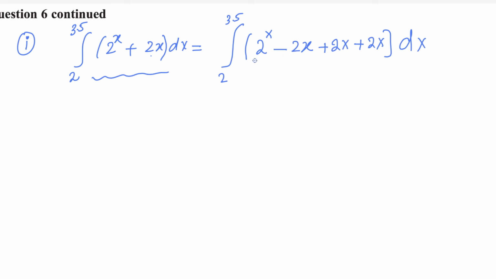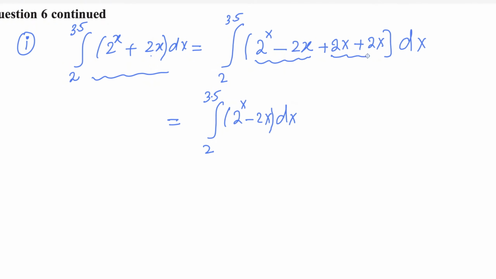Why are we doing so? Because we already got the answer for this part. Rewrite like this, the integral from 2 to 3.5 of 2 to the power x minus 2x dx. It is exactly like part B.